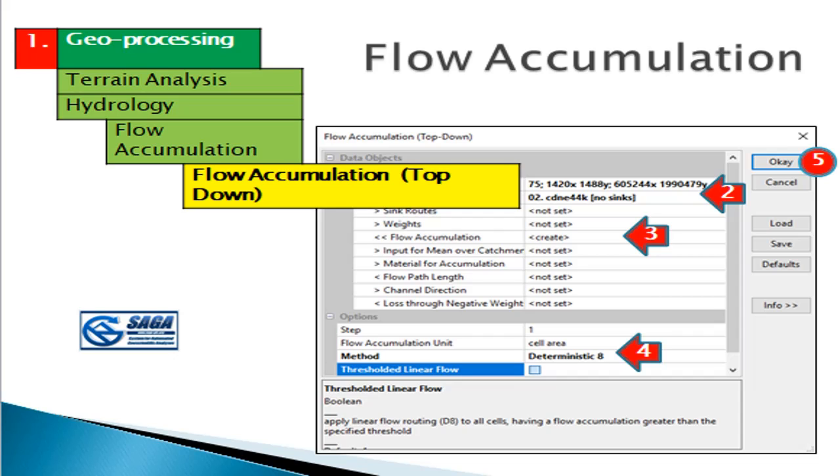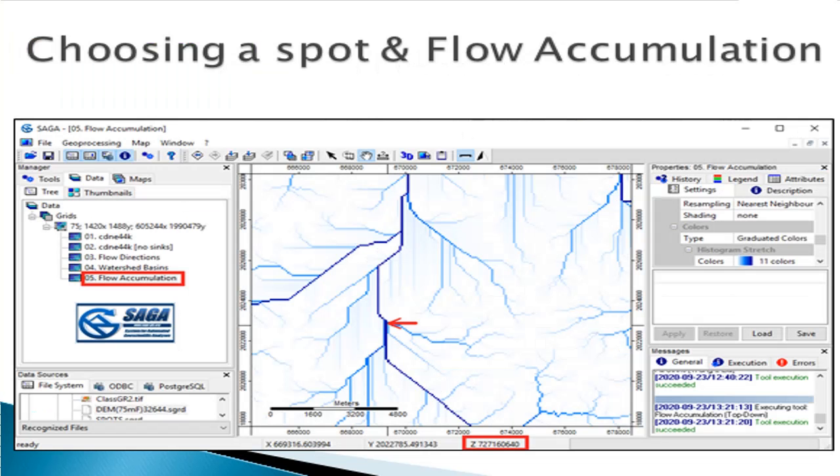Again, this function is a focal function utilized with reiteration to go on growing the field of accumulation on the previous iteration. This slide depicts an enlarged portion of the flow accumulation raster. Pointer on a high count cell reports the areal accumulation figure in the Z window along the lower frame.